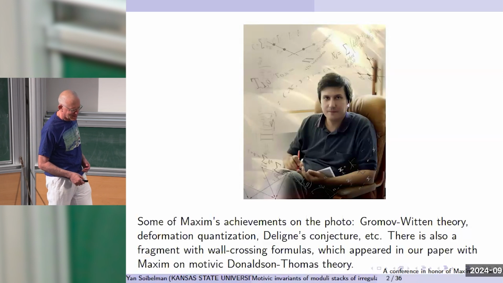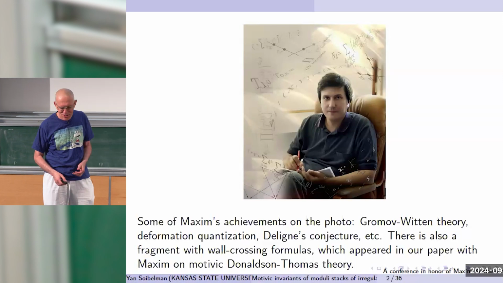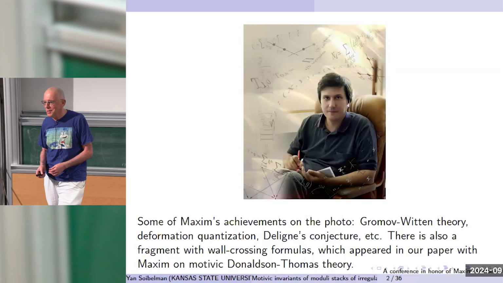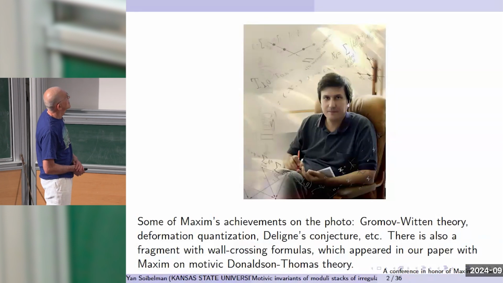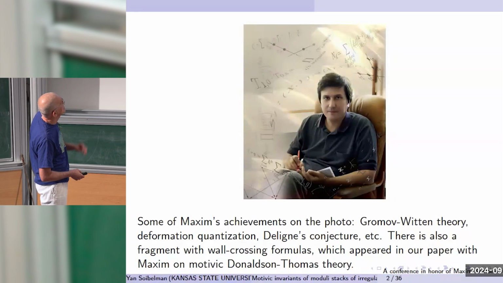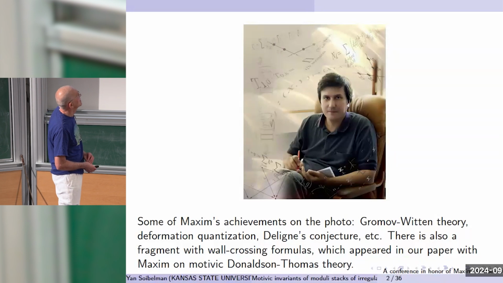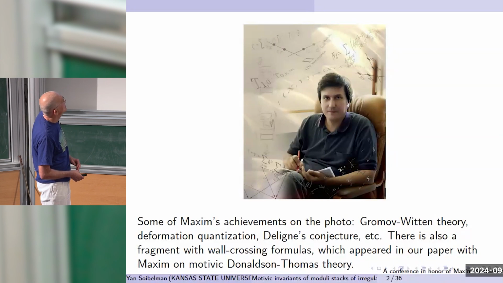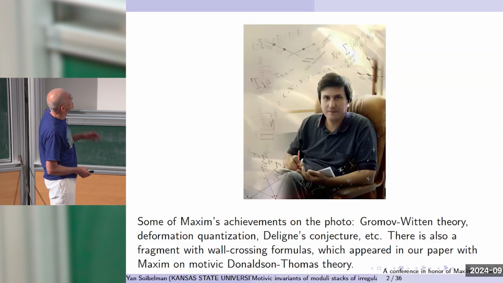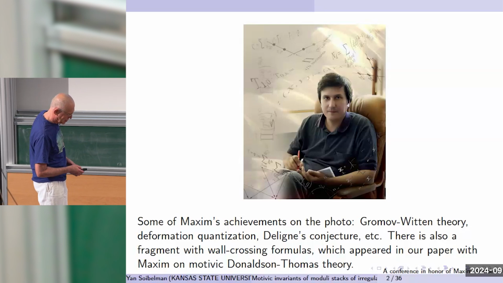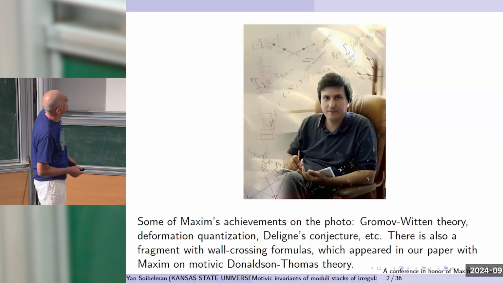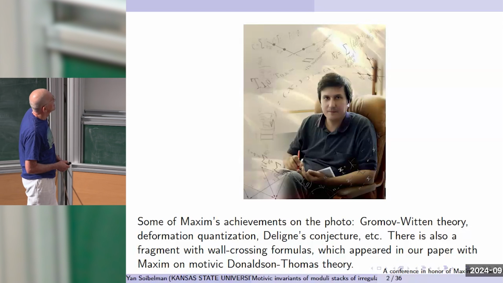It's taken, I believe, maybe 16 or whatever, many years ago. Maxim was interviewed for a newspaper, and that photograph was taken at the time. And the idea was to put some of his achievements on the photo. And if you look, you can see indeed some of them.